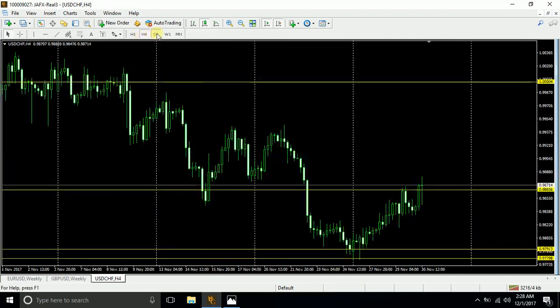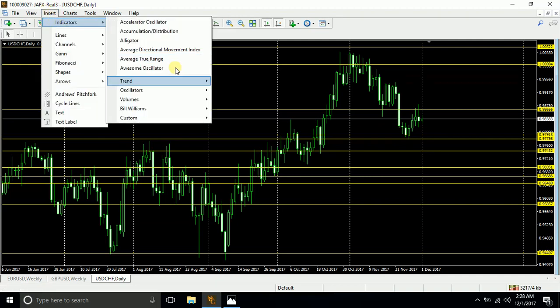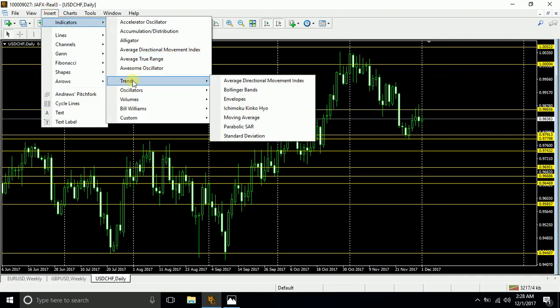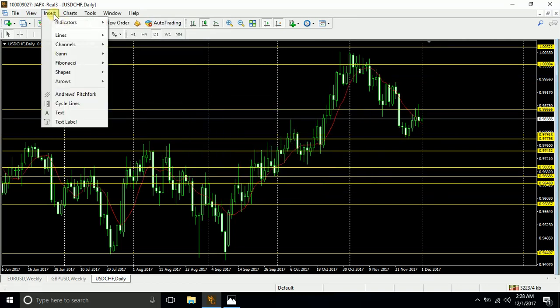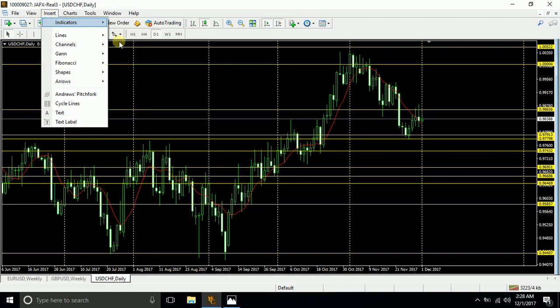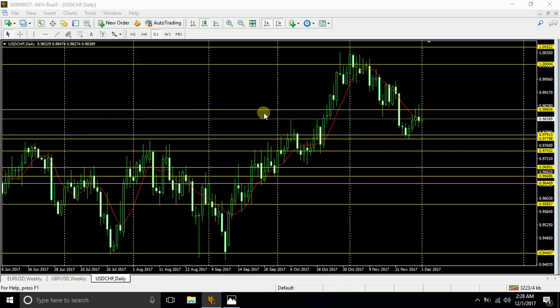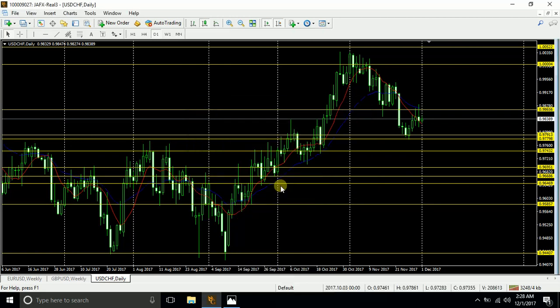Now we can get in here in the weekly and dailies and see what we got, but not before we add our moving averages. Eight, red, 21, exponential, blue.